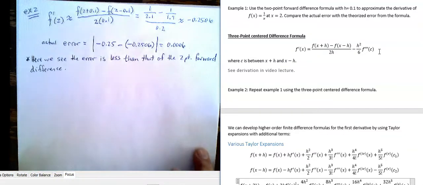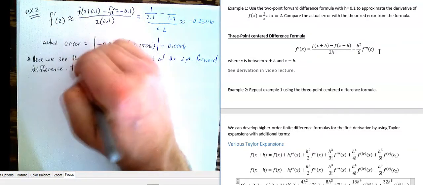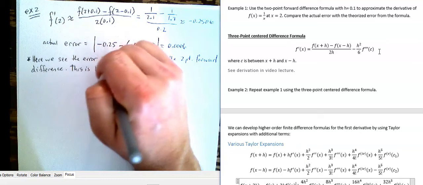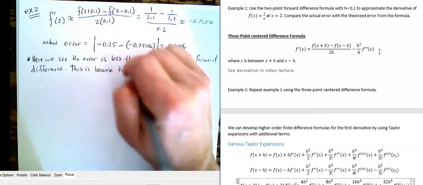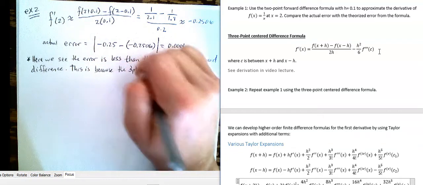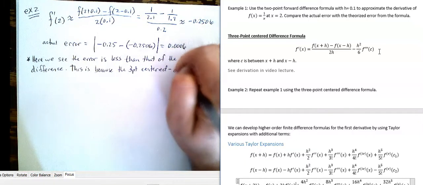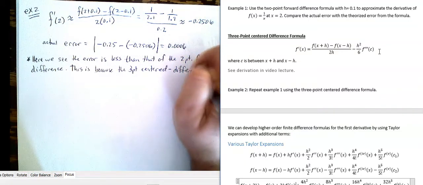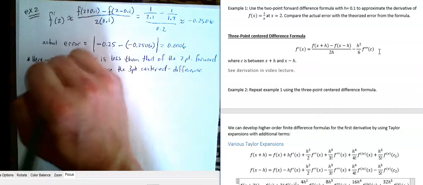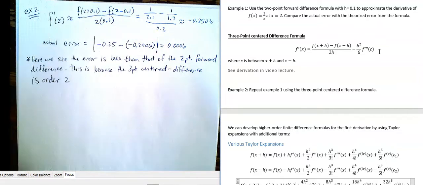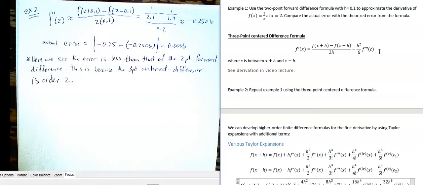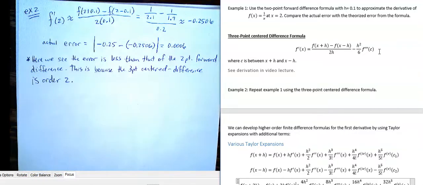This is because the 3-point center difference is order 2, higher than the forward difference method.